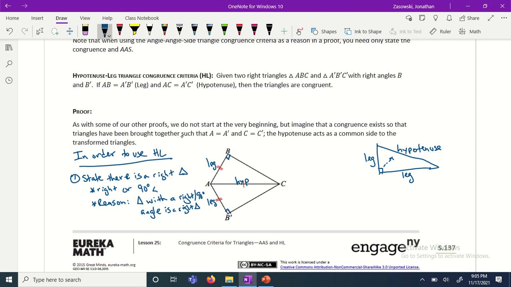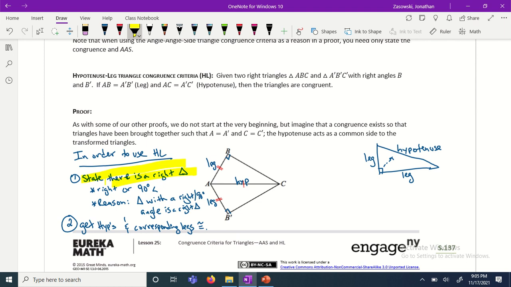And then once this is done, you can use HL. So step 2 is to get the hypotenuses and corresponding legs congruent. So make sure we have a right triangle first. That has to happen first.